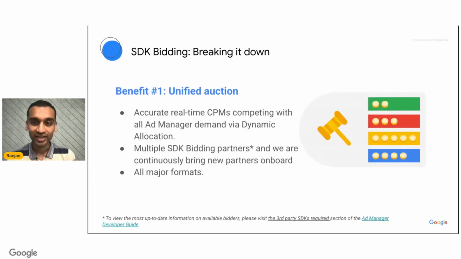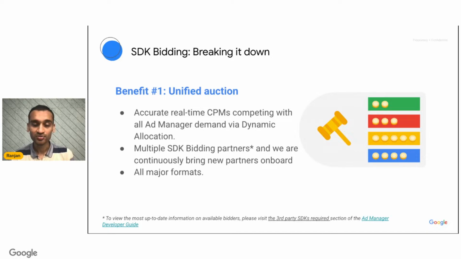SDK bidding enables all demand sources to compete in a single real-time auction to fill your ad requests and helps ensure you get the highest revenue and CPMs for your impressions. As we saw, there are multiple SDK partners such as Meta, AppLovin, Pangle, and so on already included in this feature.